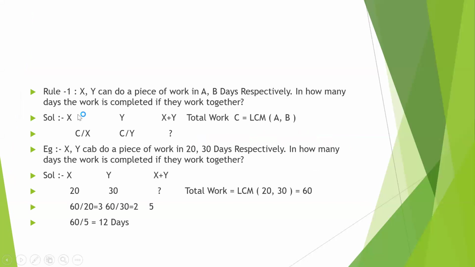The first type of question is: X and Y can do a piece of work in A and B days respectively. In how many days is the work completed if they work together?